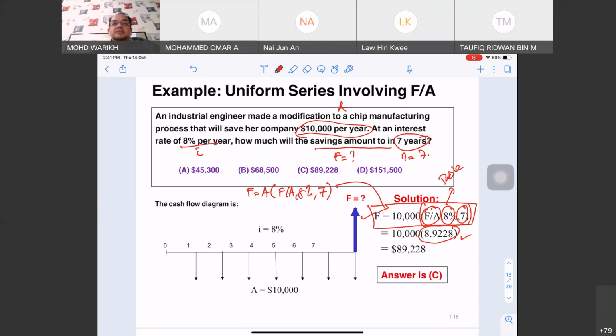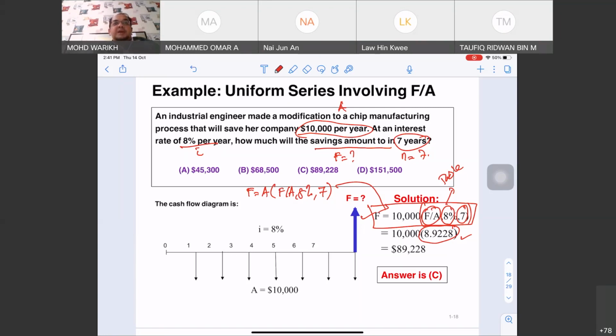So how come the saving of 10,000 per year is down as well? It should be up because it's saving as well. Oh, yes. The word is savings: the company saves 10,000 per year, but they have to pay 10,000 ringgit every year. So are they paying or saving per year?